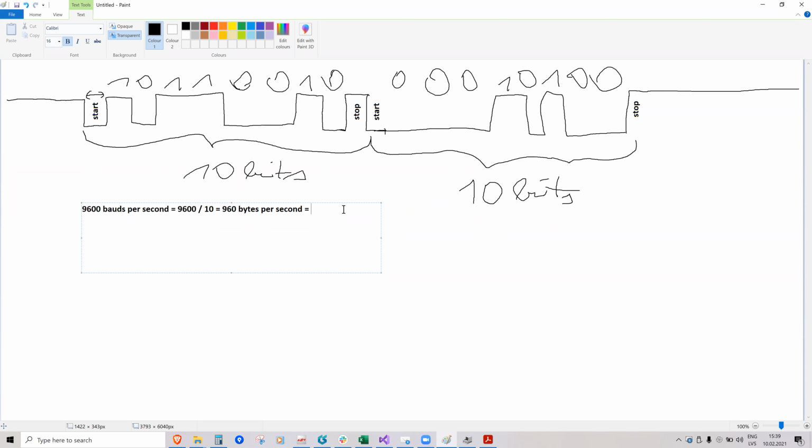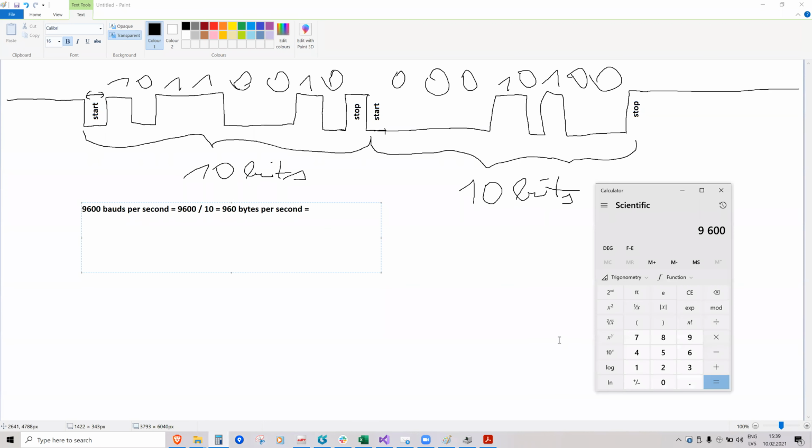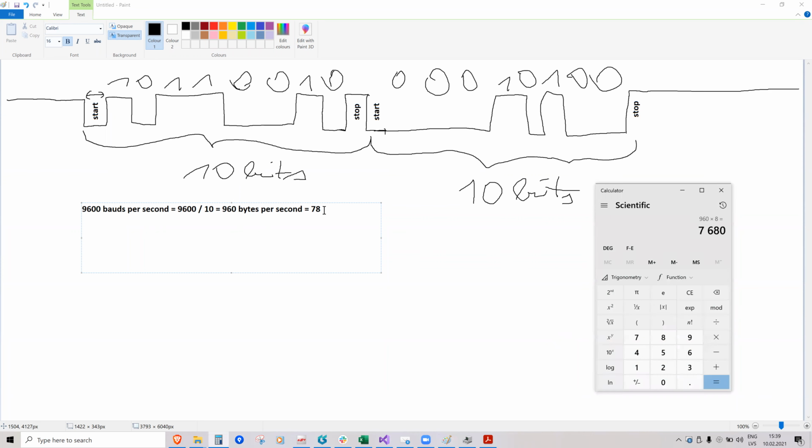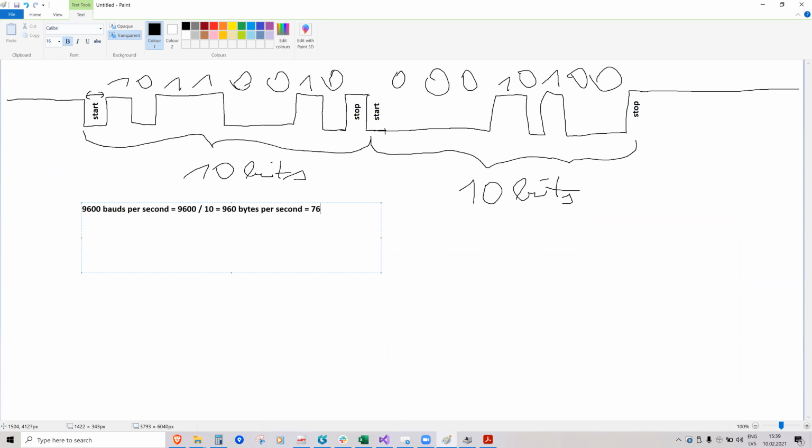And if we multiply this by 8, divided by 10, multiplied by 8, we get only 7,680 data bits per second. This is something that you need to take into consideration, because this speed would actually be very slow.